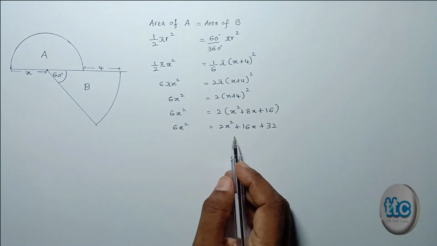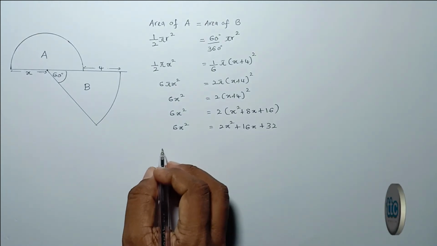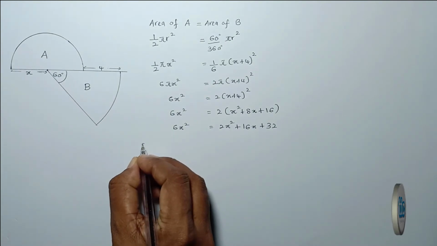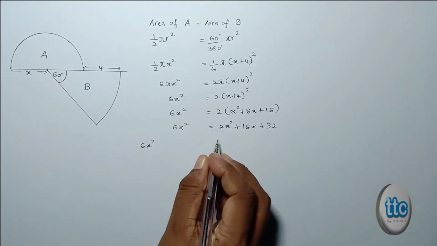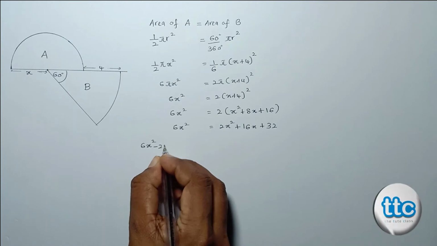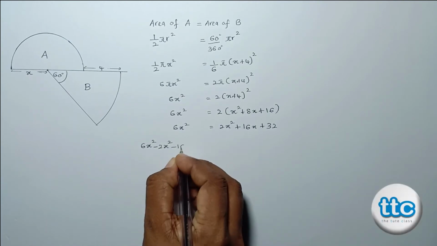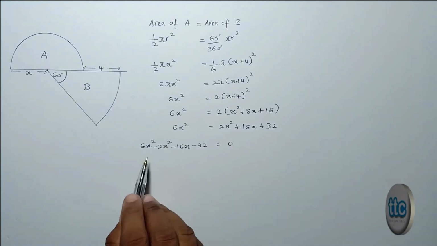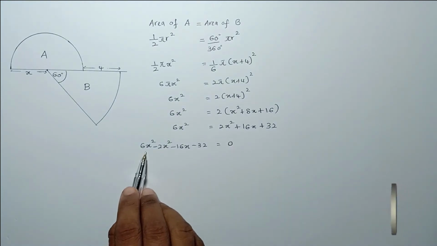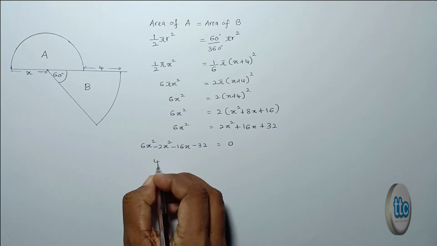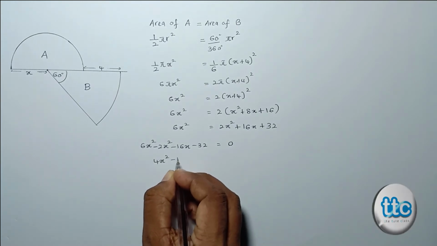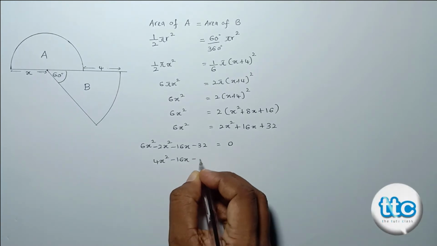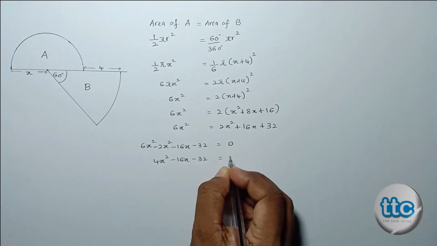Then we will take all the terms to the left hand side. Here 6x squared minus 2x squared minus 16x minus 32, this part is 0. Then you can simplify 6x squared minus 2x squared is 4x squared minus 16x minus 32 equals 0.